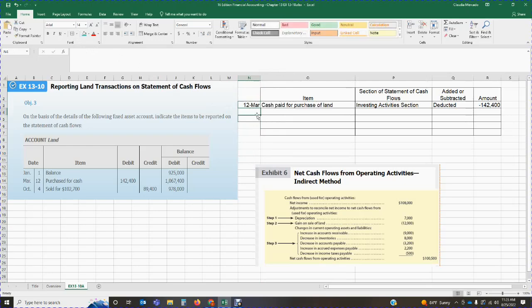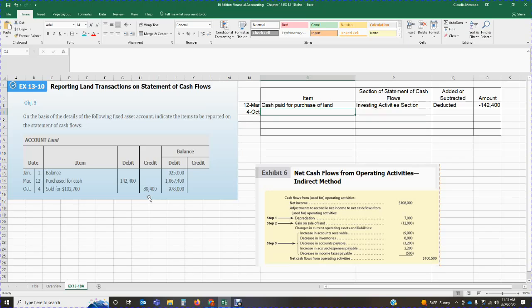Okay. On October the 4th, you sold a piece of land for $102,700. You sold it for $102,700, yet in my books I cleared it for $89,400. Why? When we clear our fixed assets from our books, we always clear it for the amount that it cost us originally.